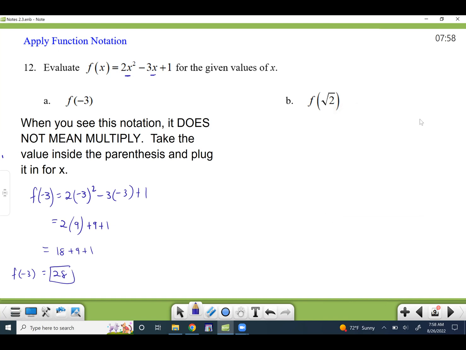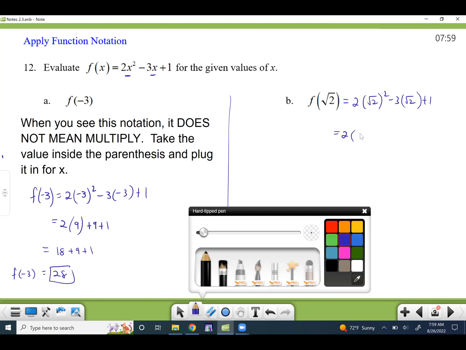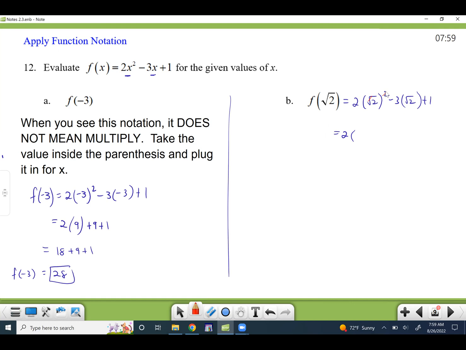Ooh, it's ugly, but same idea, you guys. We are going to substitute in the square root of 2 for every x. So exponents first. So square root of 2 times square root of 2. Well, remember, these just cancel each other out and we just get 2, right?